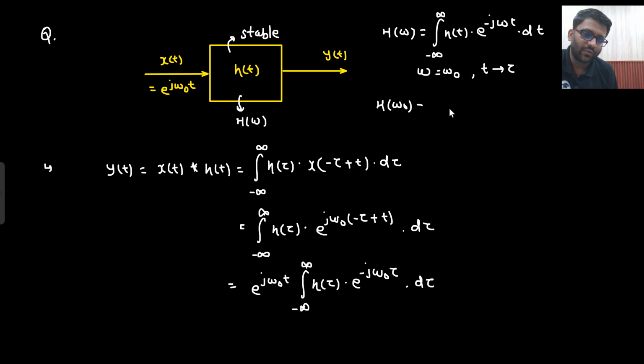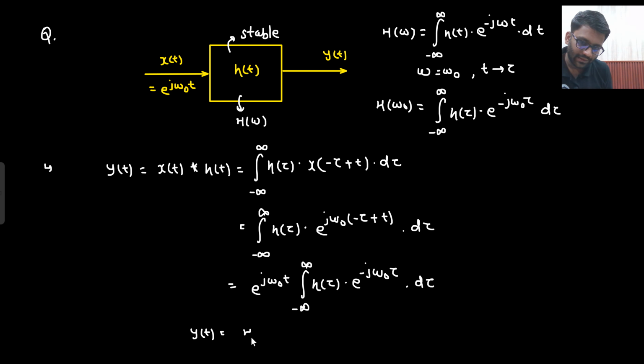So H(omega naught) will be given as the integral from minus infinity to infinity of h(tau) e to the power minus j omega naught tau d tau. So this is equivalent to H(omega naught). So what you are getting is y(t) as H(omega naught) e to the power j omega naught t.